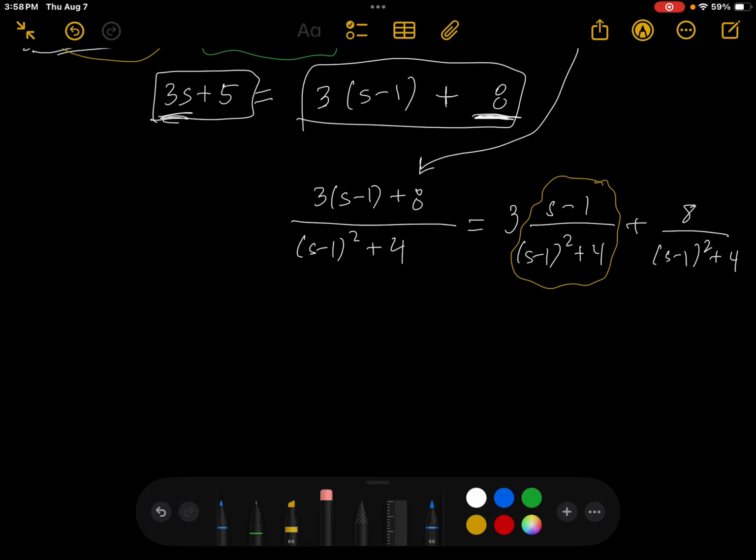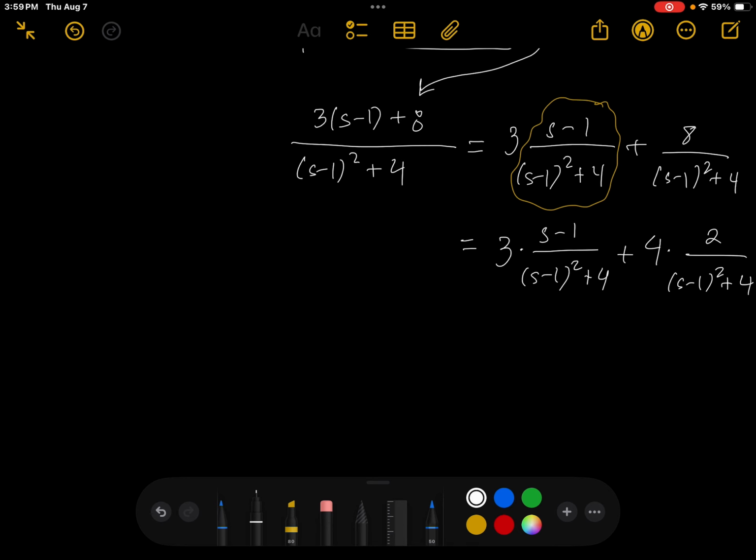I can write it as 4 times 2. So it's going to be 3 times s minus 1 over s minus 1 squared plus 4 plus 4 times 2 over s minus 1 squared plus 4. And now I can find the inverse Laplace transform of this.